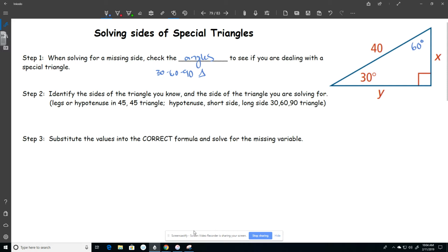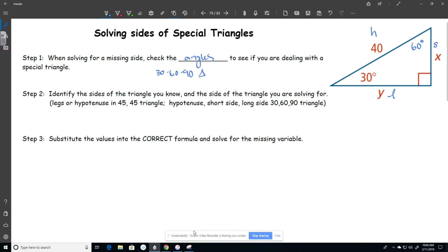So let's identify the sides of the triangle that you know. I know the hypotenuse, and I'm looking for both the long side right here. This is across from the 60, so I know it's the long side, and my x is going to be my short side. So I'm looking for the long and the short. I'll give you a hint.